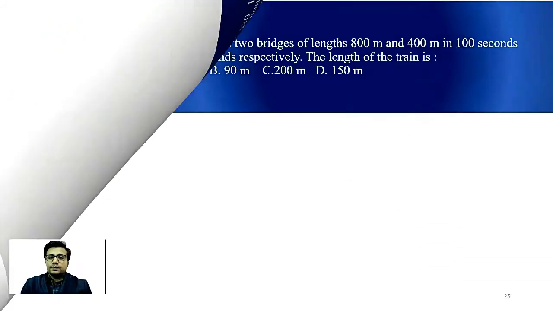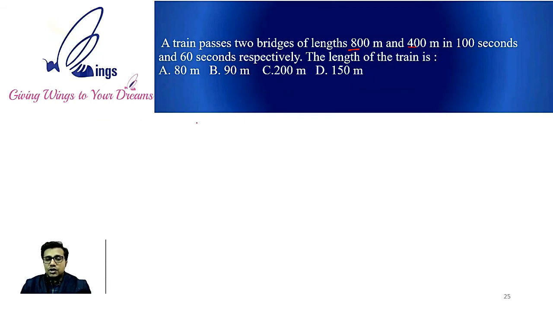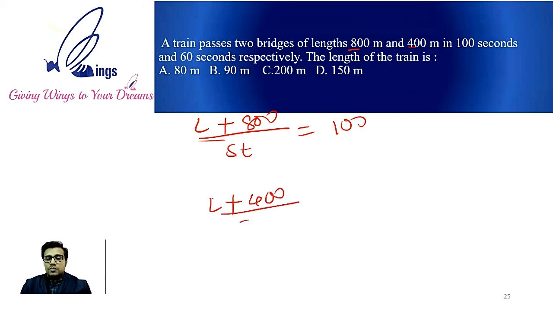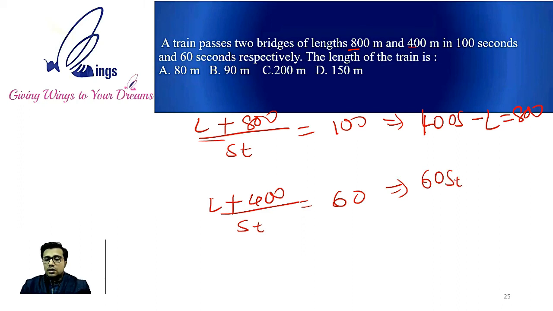Let's go to the next problem. The train passing a bridge: length of train plus length of bridge divided by speed of train is, the first time, 100 seconds, and the second time, length of train plus length of bridge divided by speed of train is equal to 60 seconds. From equation 1 we are getting 100 ST minus L is equal to 800, and from the second equation we are getting 60 ST minus L is equal to 400.